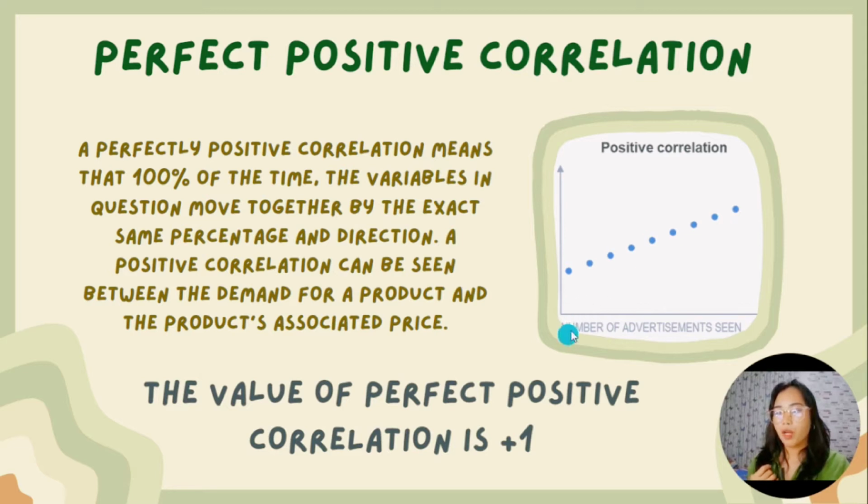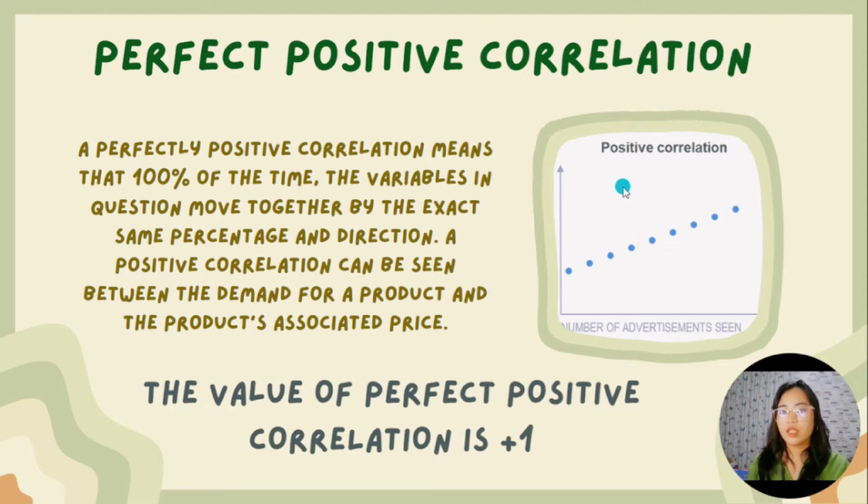For example, on the x-axis is the demand, and this is the price of the product. As long as the demand of the product increases, the price of the product also increases. As you can see, it's increasing similarly.